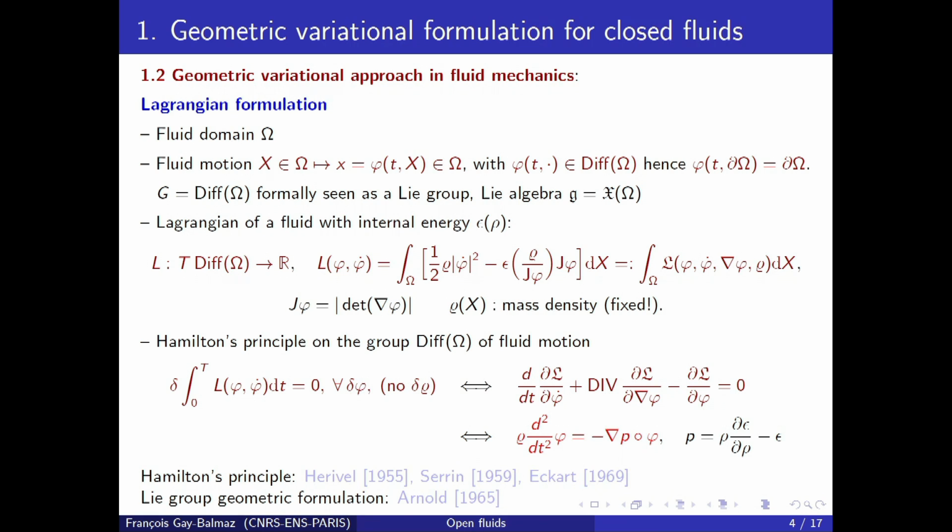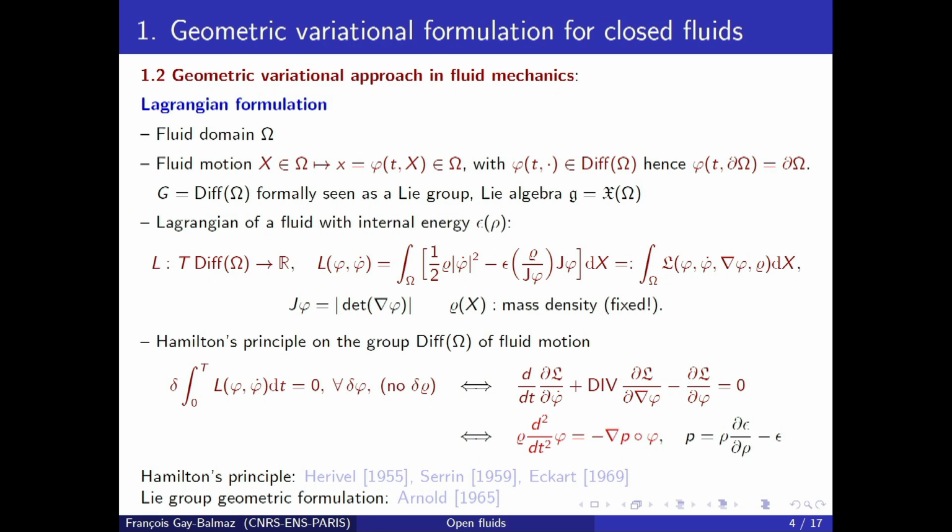Here you simply choose your preferred energy function in terms of the mass density, and we have this strange appearance of the Jacobian because I'm working in the Lagrangian frame. And for me it will be very important to distinguish between the integrated Lagrangian and the Lagrangian density. This is crucial for the case of open fluid, but so far it's just the usual case.